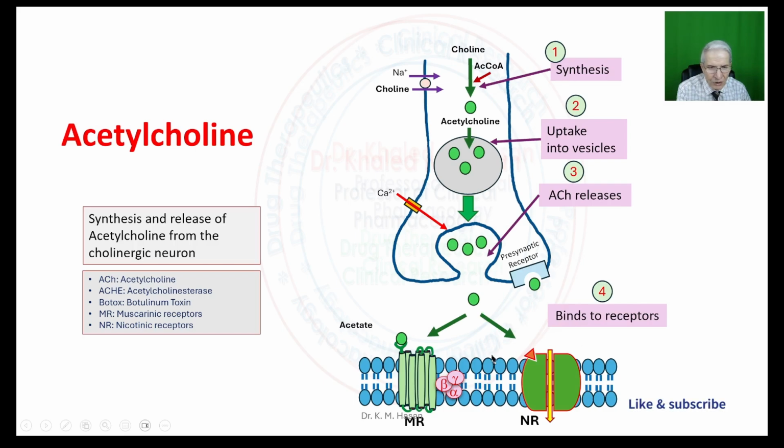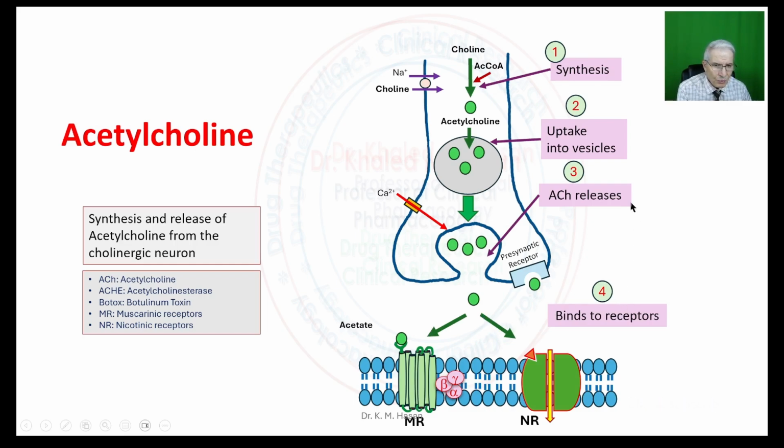Of course, we have different types of receptors. It could be the nicotinic receptor or the muscarinic receptor. So we have two main types for acetylcholine. Here we call this space the synaptic cleft or synaptic gap. This is the first action of acetylcholine, binding to the receptor.